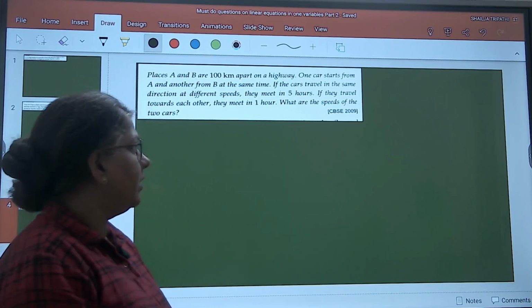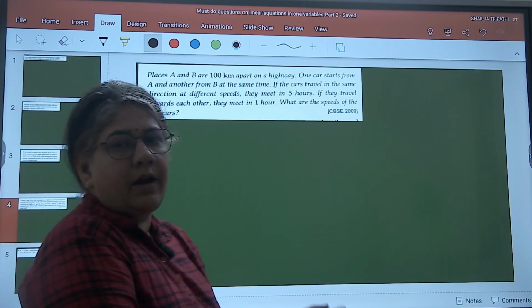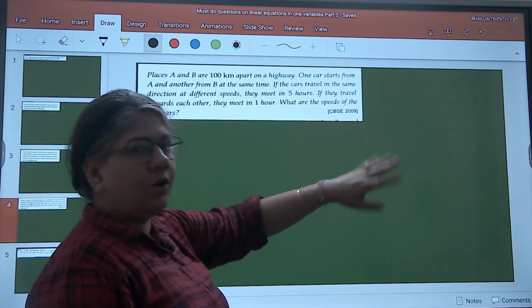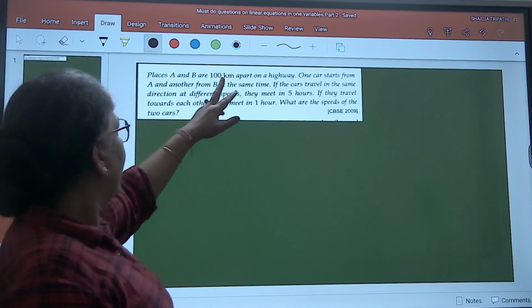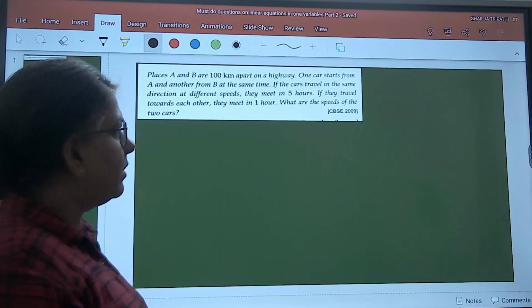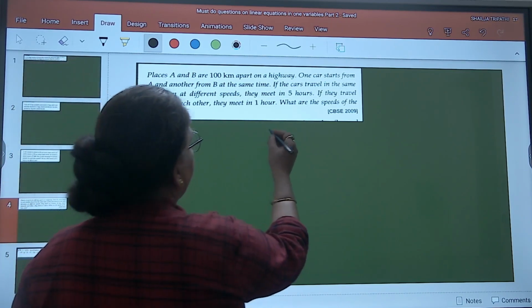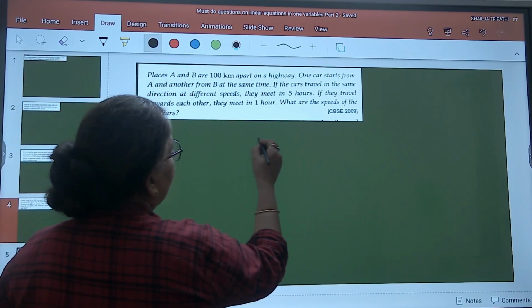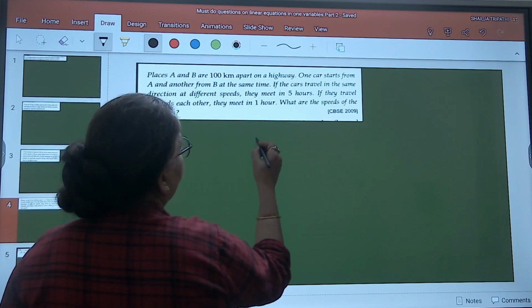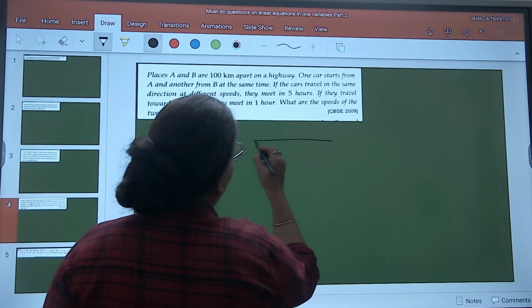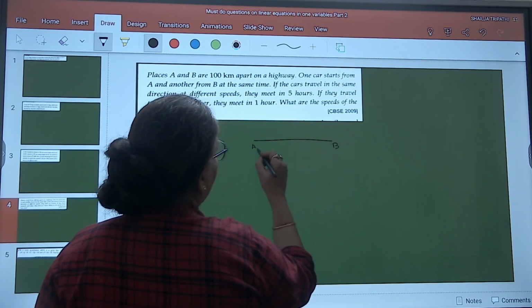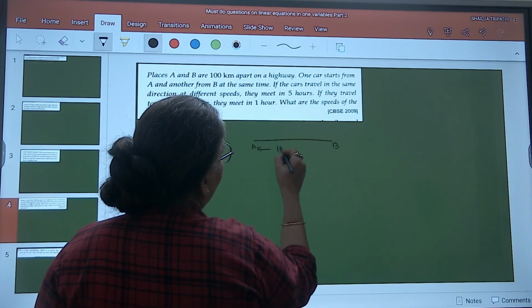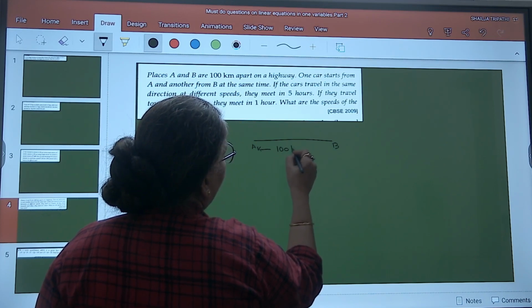See this question. This is another very important question and has been asked in CBSE 2009. The question says places A and B are 100 kilometers apart. So let's understand the two places that are mentioned, place A and B. They are 100 kilometers apart.